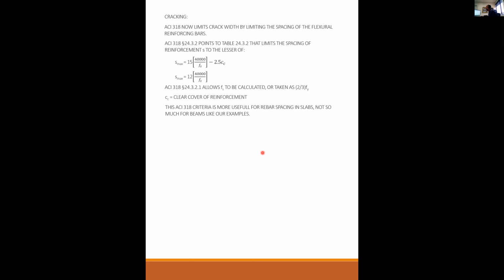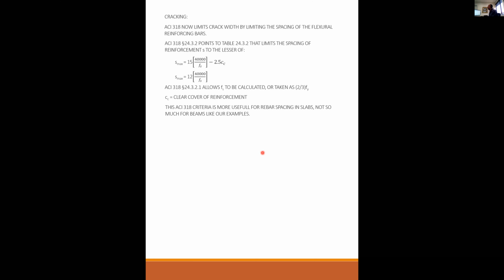You always need to check if epsilon sub t is greater than 0.005, which is your check for maximum steel. And you always need to check that phi Mn is greater than Mu. The only exception to phi Mn greater than Mu is if it's an analysis problem and you don't know what Mu is. That's the only exception I can think of.